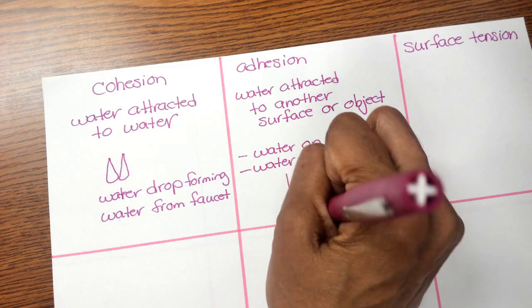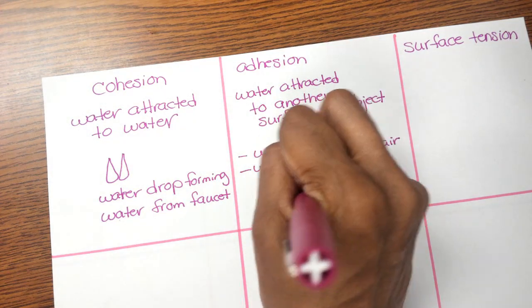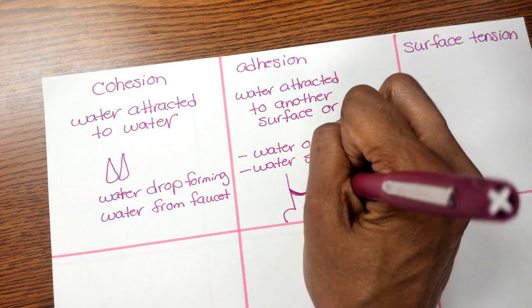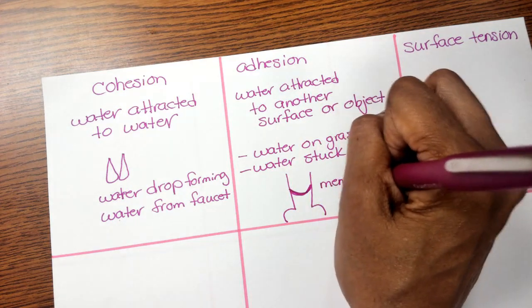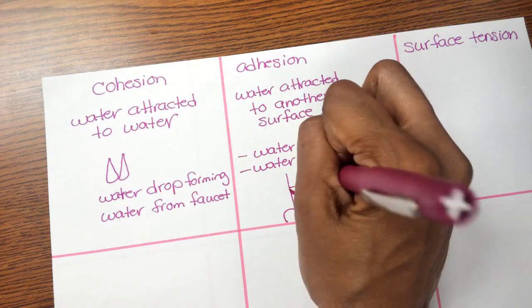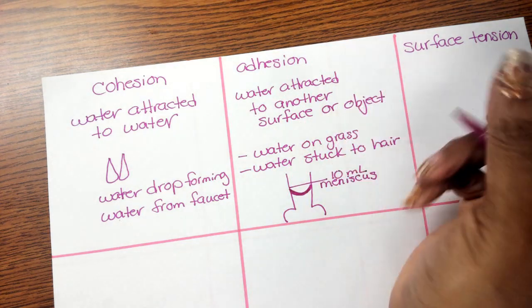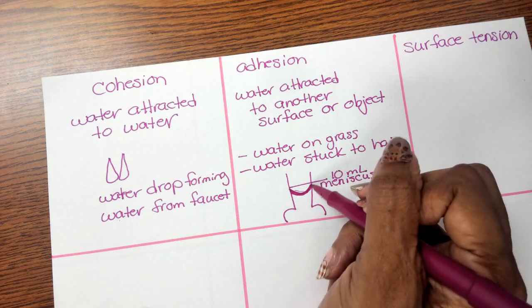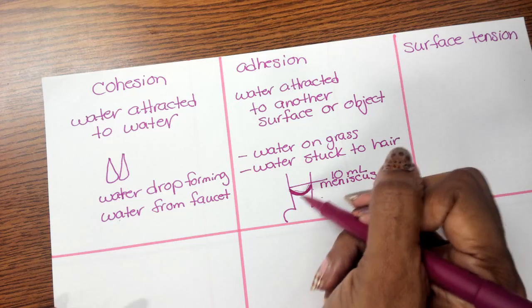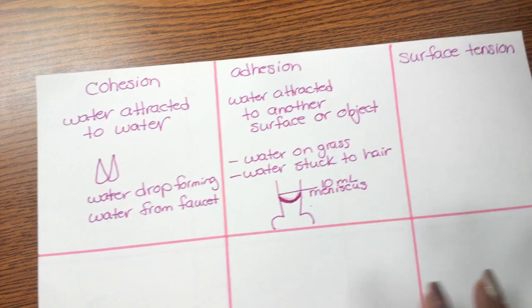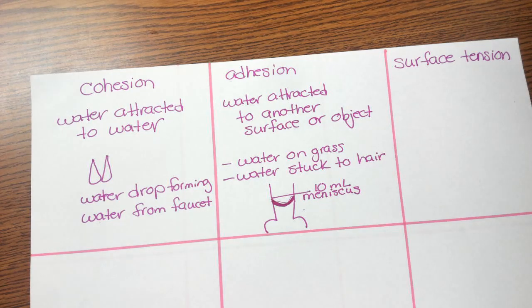So this is my graduated cylinder. Okay, and this would be like the meniscus. Okay, so let's say this is 100 milliliters. Okay, so the water being attracted to the graduated cylinder and forming this would be adhesion.